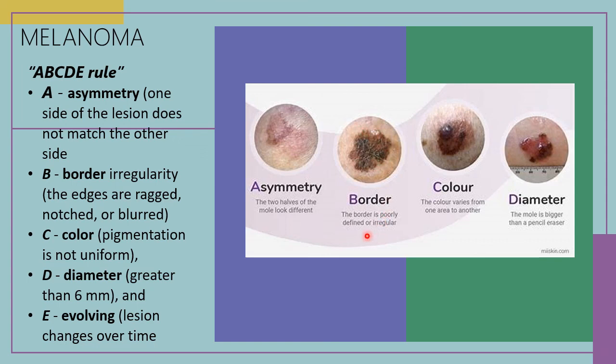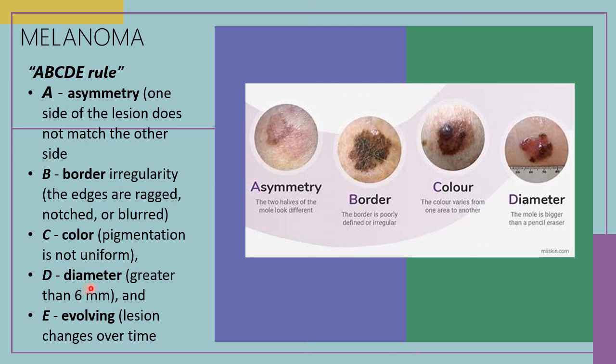With melanoma, the borders are irregular. The letter C stands for color, because pigmentation is not uniform. The color varies from one area to another. One area may be light, another darker, almost black, another purple. So, the color is not uniform.